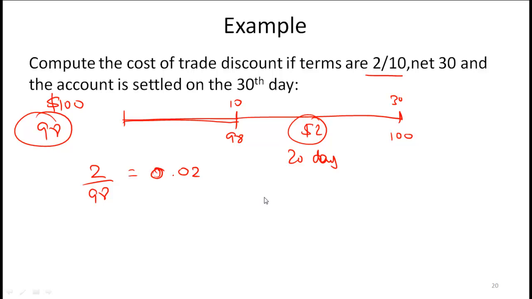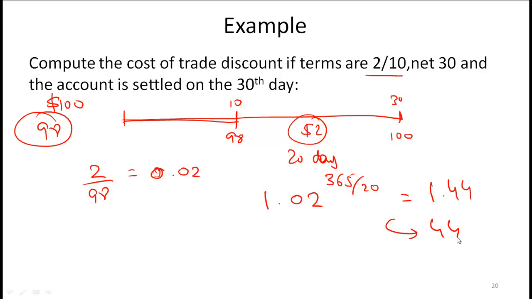The way you annualize, and I hope you remember this from quant, is to say you have 1.02 raised to the power of 365 divided by 20. So this gives you 1.44 approximately. So what that means is that on an annualized basis, $1 becomes 1.44.